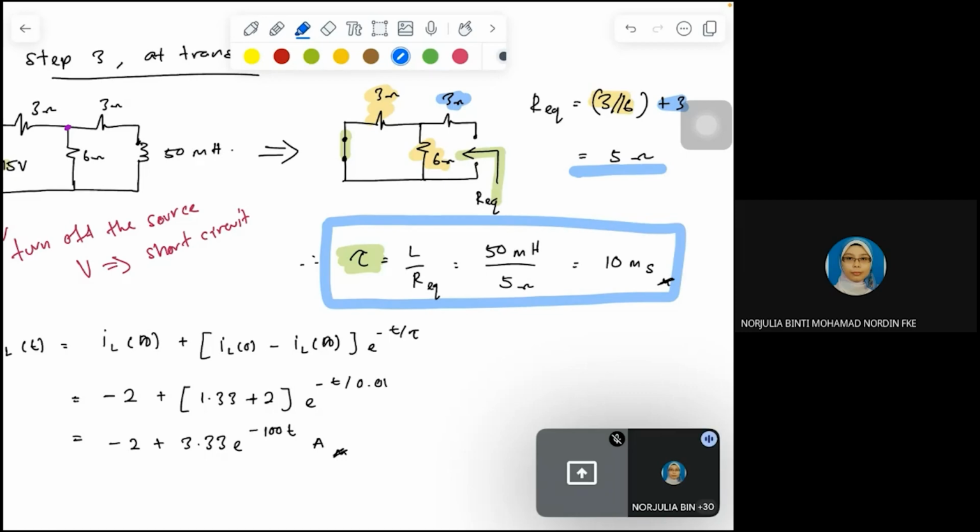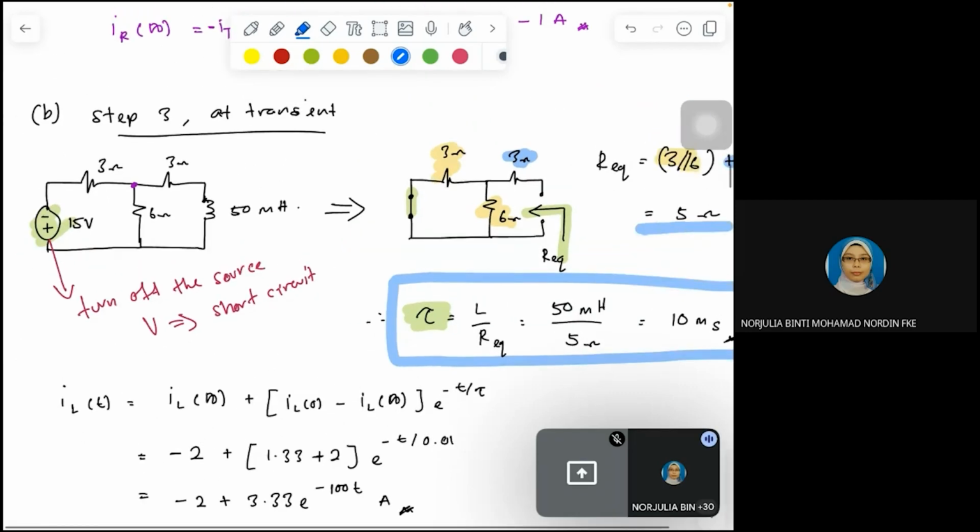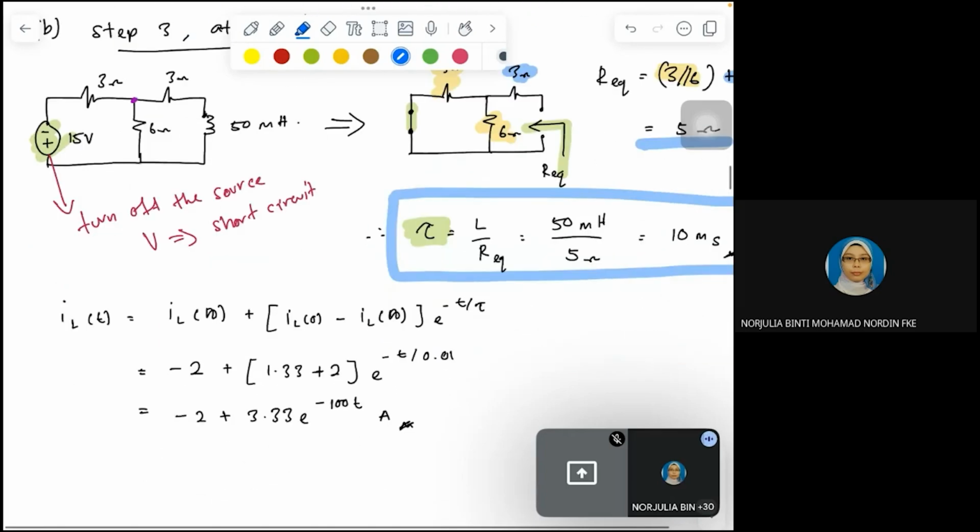After getting the last parameter, we are now able to write down the complete expression of our inductor current, where the complete expression of the current is equal to I final plus I initial minus I final, times e to the power of negative t over tau.